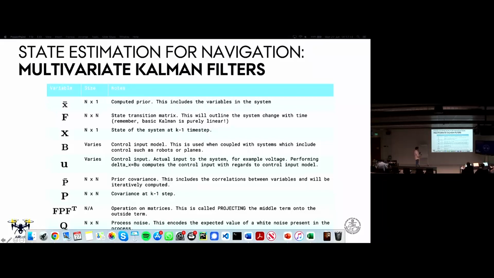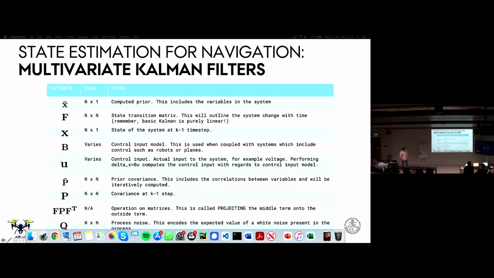Obviously, P and P hat are the prior covariance and the covariance at k-1, so covariance and state transition matrices. The covariance matrix defines covariance in matrix form. So say you have a two-dimensional vector space of state or position, and we want to calculate a position and velocity. I'm not going to spoil that now, as it's my example later.